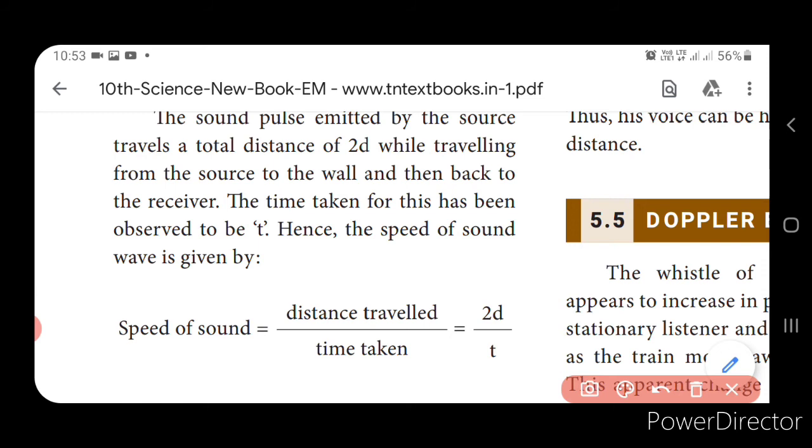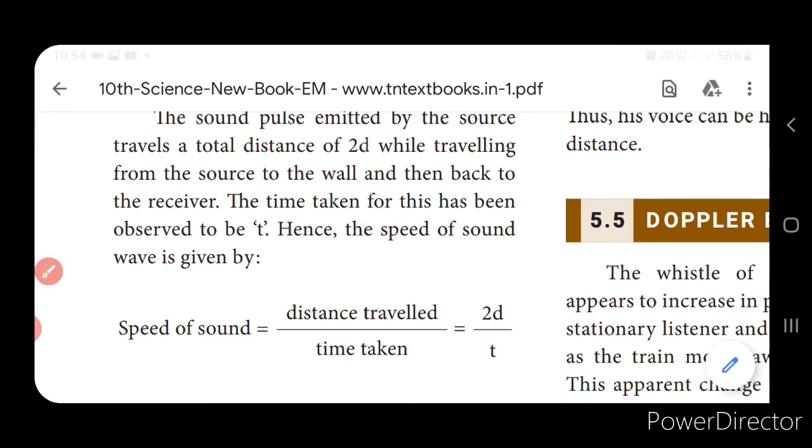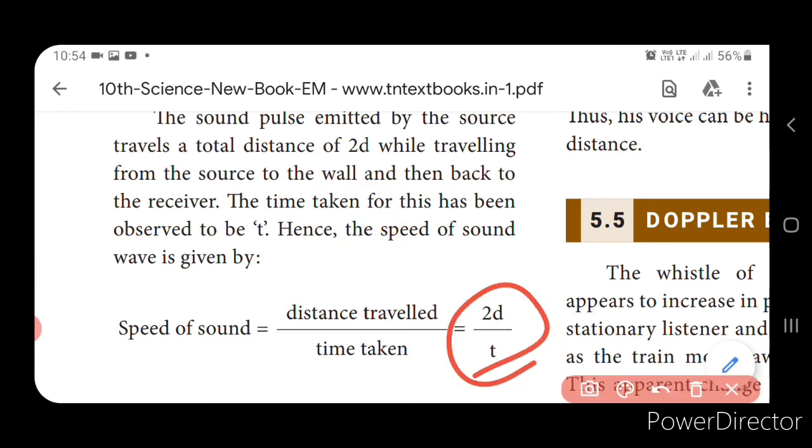The speed of sound is the distance traveled divided by the time taken. Here the distance is 2d because the sound starts from the source, meets the obstacle, and again returns to the source. So this D and this D are added, giving 2D. This is the speed of sound in a medium.